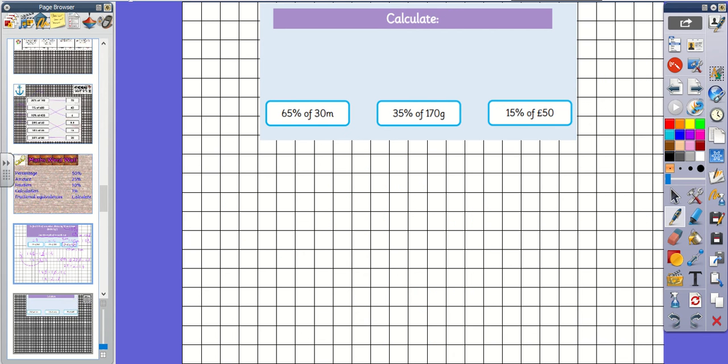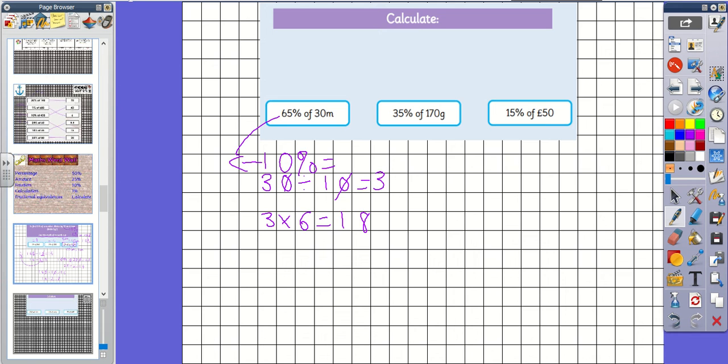So let's have a look at these ones then. We have got 65% of 30 metres. So I would work out 10%. So we do 30 divided by 10, which equals 3. Then I'm going to do 3 times 6, because I need 60%. 3 times 6 is 18.